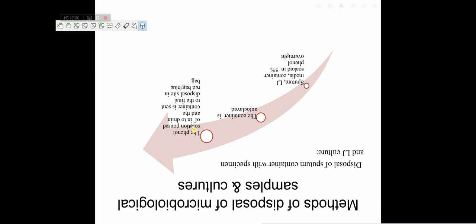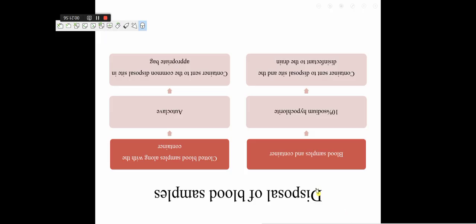Then the container is autoclaved, and then the phenol solution is discarded in the drain, and the container is sent to the final disposal site in the red bag, so that all the disease agents in the sputum will be destroyed.